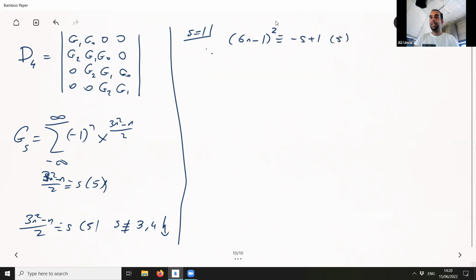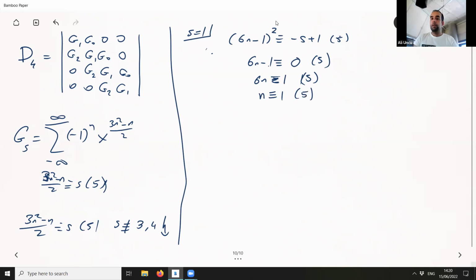So if we solve it with s equals 1, this is the same as solving that the quadratic residue is 0. So this thing squared is 0. That thing itself is 0. 6n minus 1 is 0 modulo 5, or n is 1 modulo 5.